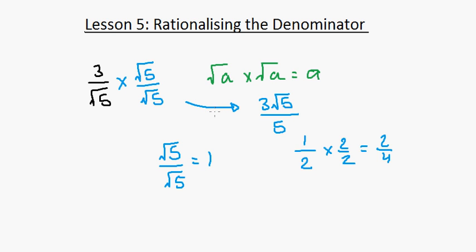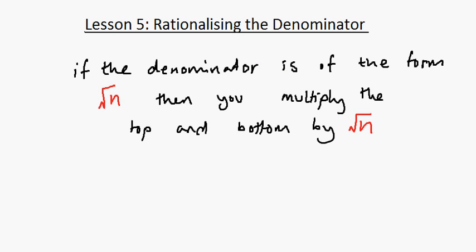So this rule is therefore as follows. If the denominator is of the form root n, then you multiply the top and bottom by root n. So say you have 1 over root n.